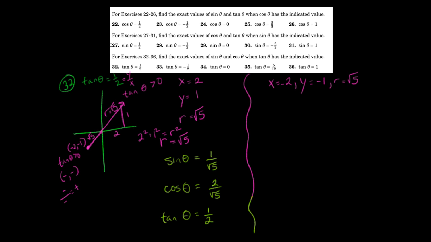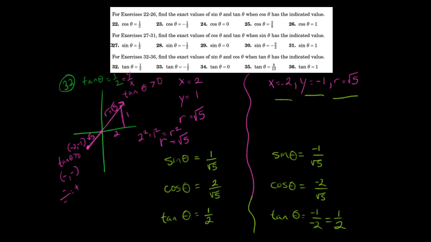Now on the right-hand side, for x equals negative 2, y equals negative 1, and r, the sine of theta is negative 1 over the square root of 5. Cosine of theta is equal to negative 2 over the square root of 5, and tangent of theta would be negative 1 over negative 2, which is equal to 1/2. So you see how you get the same answer in quadrants 1 and 3.